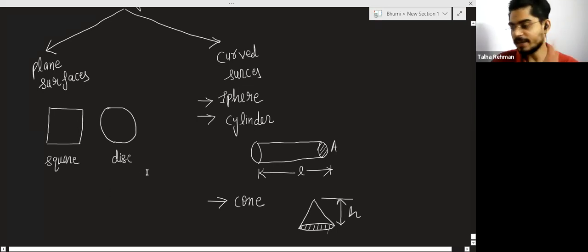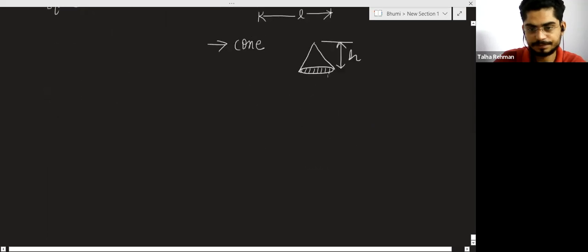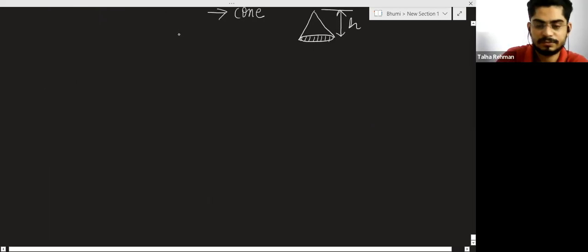You have to identify the plane surfaces and the curved surfaces. Curved ones are mostly three-dimensional, so it's easy to remember.